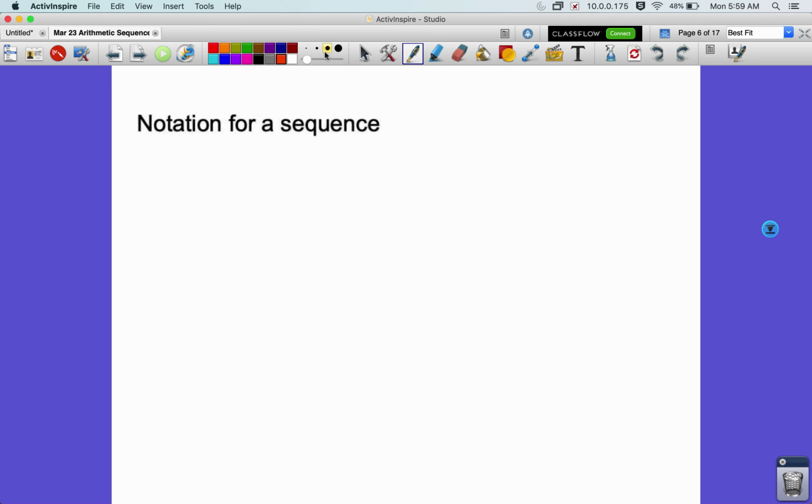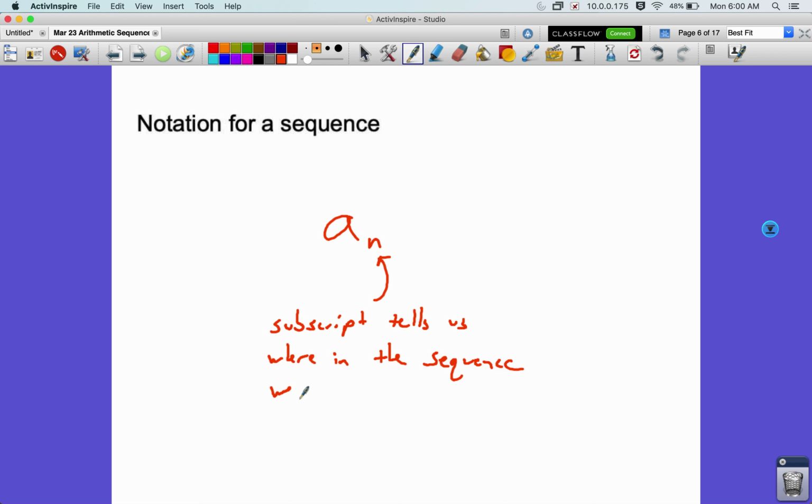So notation for a sequence. For a sequence, we label the whole sequence like this, A sub n. So that's a subscript. And this here, the subscript, tells us where in the sequence we are.